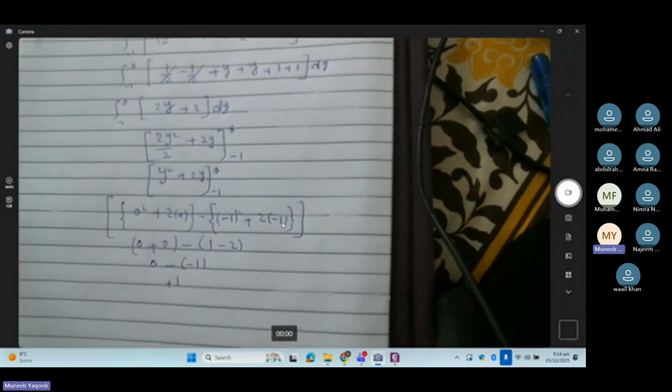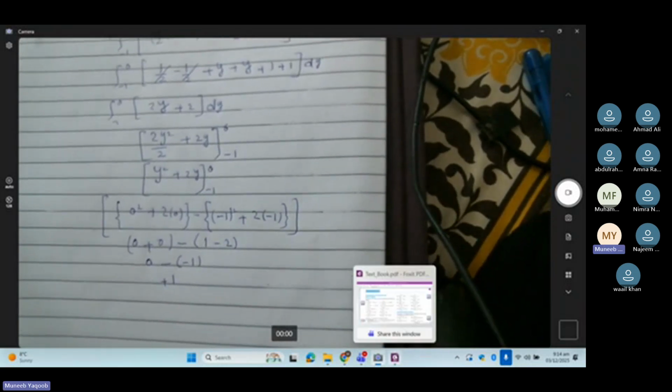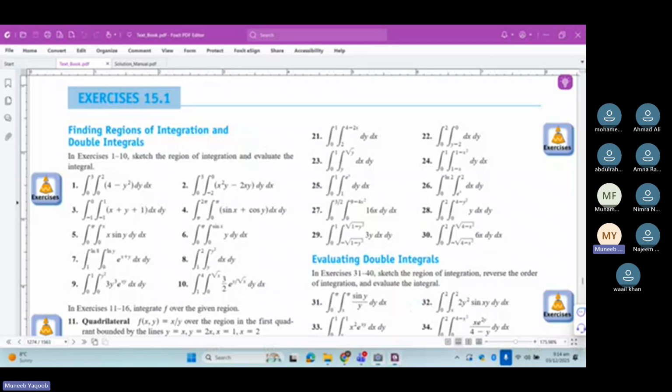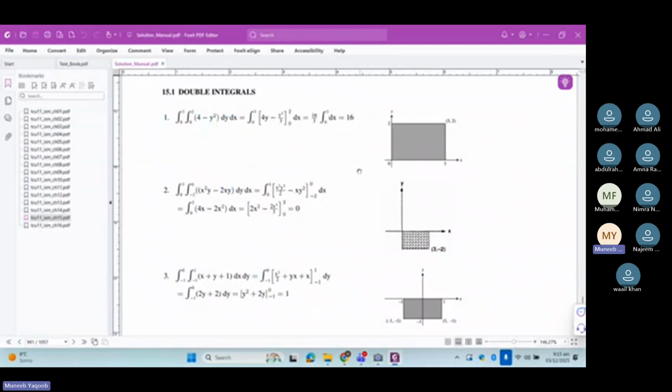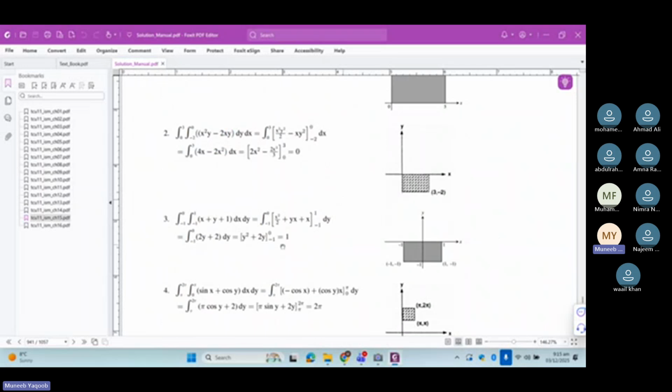Okay. So now again, we can confirm our answer from the solution manual. We open it, and you can see that their answer is also 1. The solution manual doesn't give you all the steps, but it gives you a basic idea.